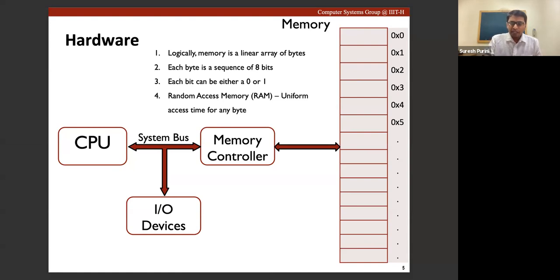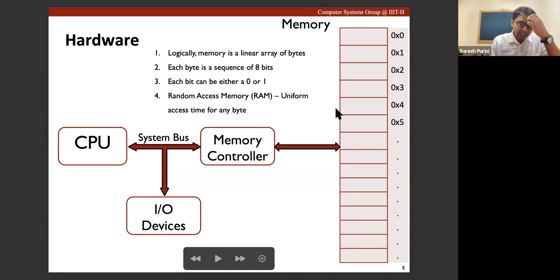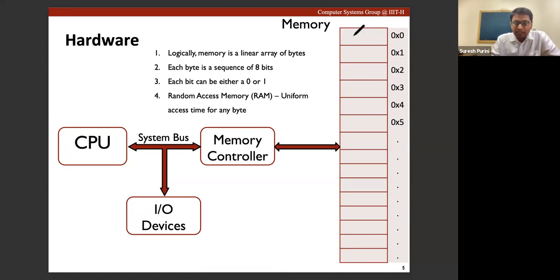Think of your memory as a linear array of bytes. So this is byte 0. The 0x0, 0x1, 0x2 that is written on the side is in hexadecimal form.